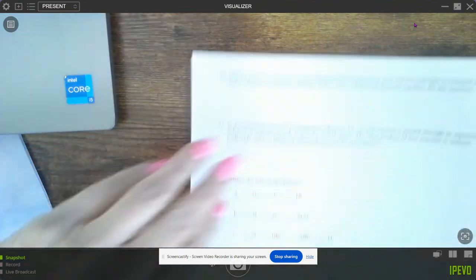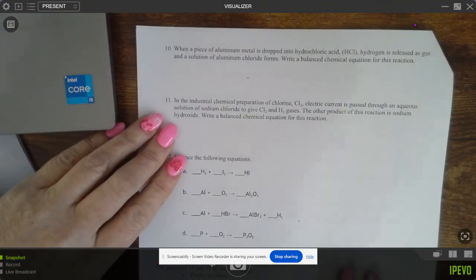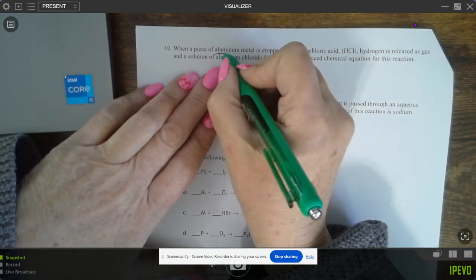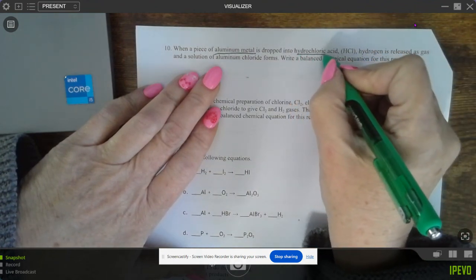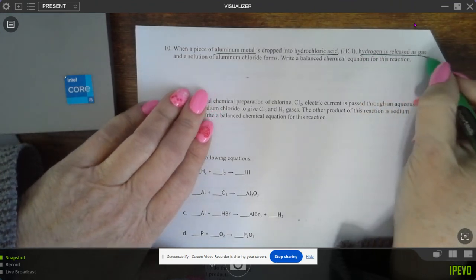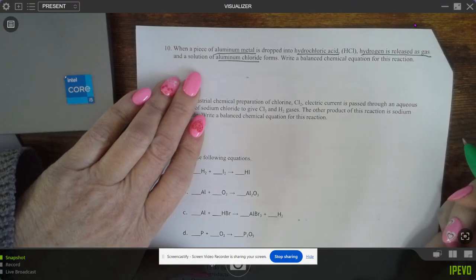All right, so we're taking word equations and writing chemical equations. When a piece of aluminum metal is dropped into hydrochloric acid, hydrogen is released as a gas and a solution of aluminum chloride forms.